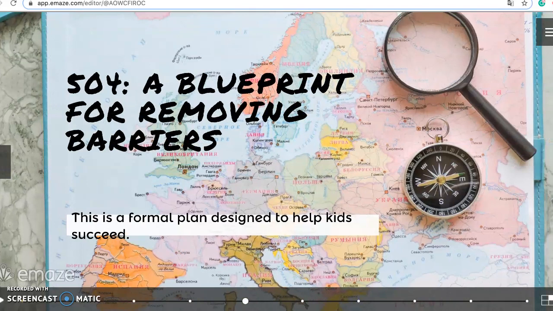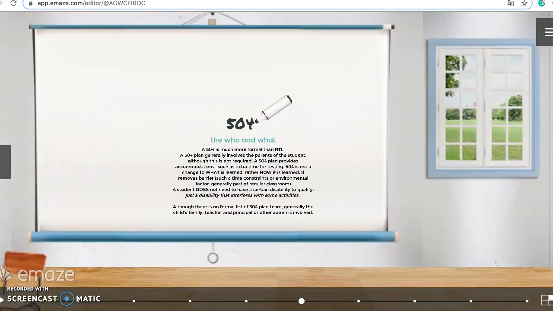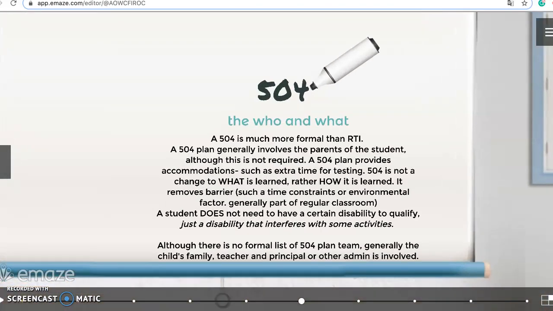This brings us to our 504, which is the blueprint for removing barriers. This is a formal plan designed to help kids succeed. It's important to note that the 504 plan is much more formal than RTI.